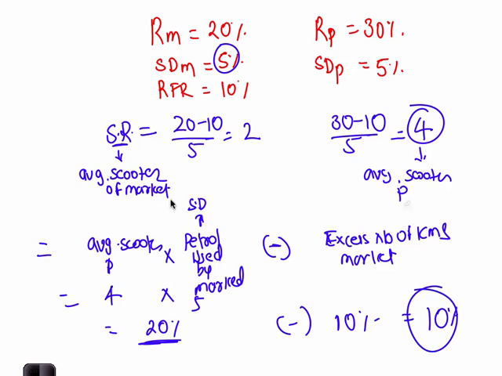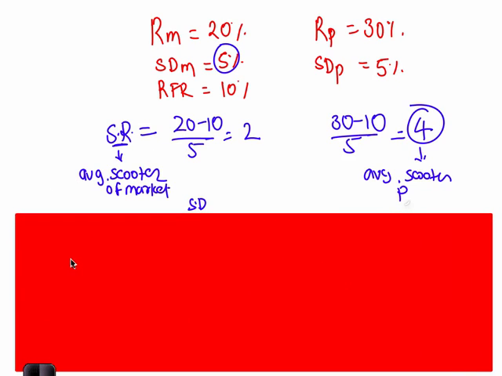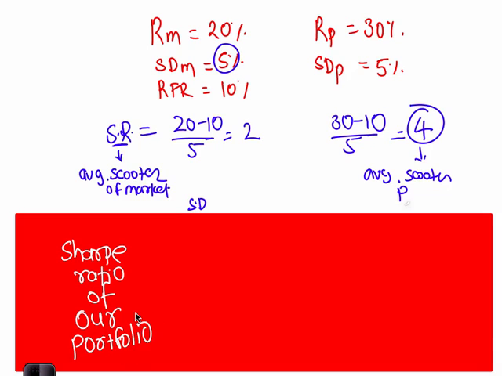Now I think, are you feeling confused? Forget the scooter analogy. Remember the formula. Sharpe ratio of R portfolio. Okay, in your notes the formula would look completely different, but it will get you the same answer.